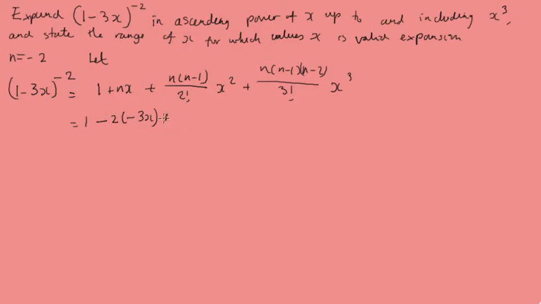And then we've got plus, now it's minus 2, minus 3 over 2 factorial, and then we have minus 3x squared, plus minus 2, minus 3, minus 4 over 3 factorial, and then it's minus 3x cubed.